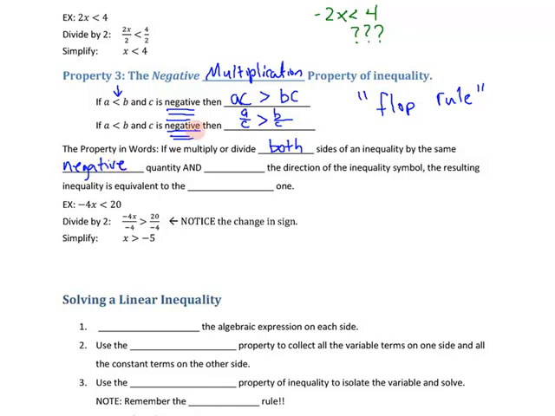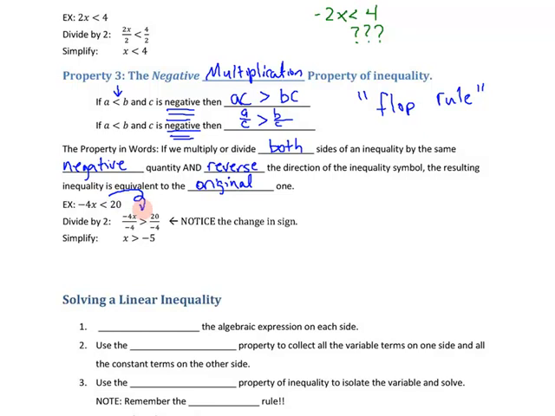So the property in words says that if we multiply both sides of an inequality by the same negative quantity and reverse the direction of the inequality symbol, the resulting inequality is equivalent to the original one. So in this example, if I had negative 4x is less than 20, I want to divide both sides by negative 4.